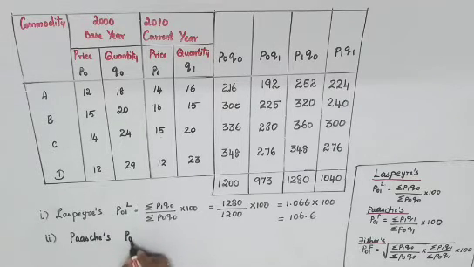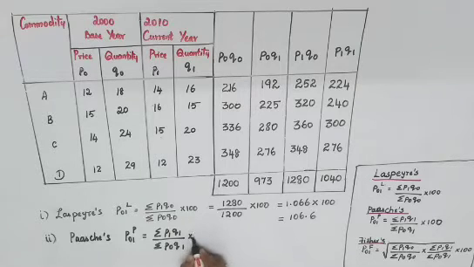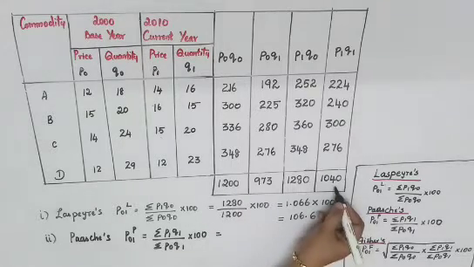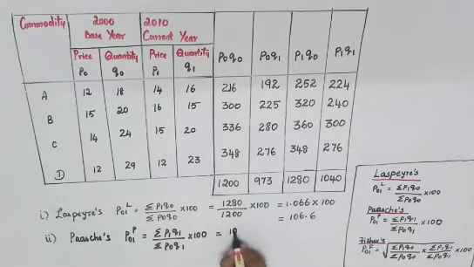Second is Paasche's, P01P, equal to the formula I just wrote here: sigma P1Q1 divided by sigma P0Q1 into 100. P1Q1, your last column, is 1040, divided by P0Q1, your second column, 973, into 100.